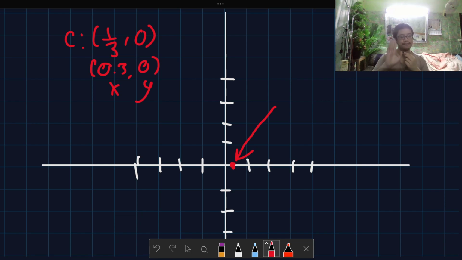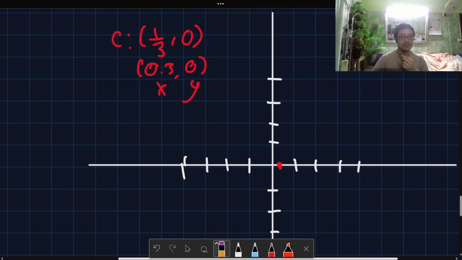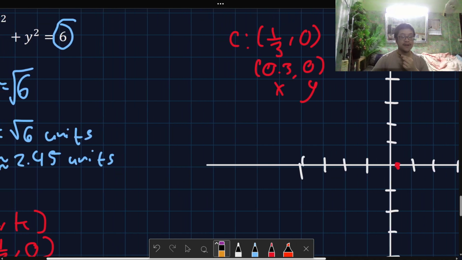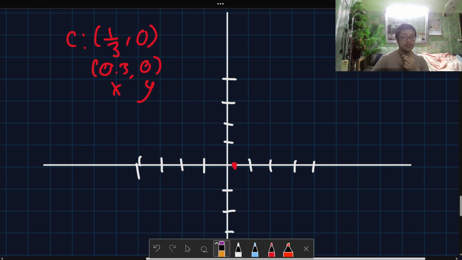Leave it be. That is your center. Now we're going to draw its radius. It's 2.45 units, which by estimate is just 2.5. So we will count 2 units to the right plus 0.5. We're just going to estimate it.